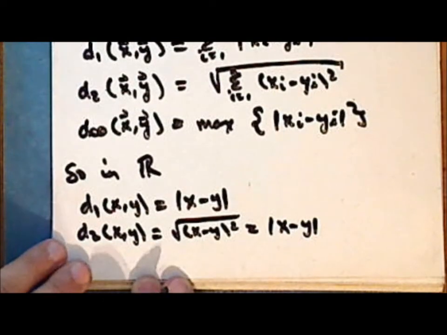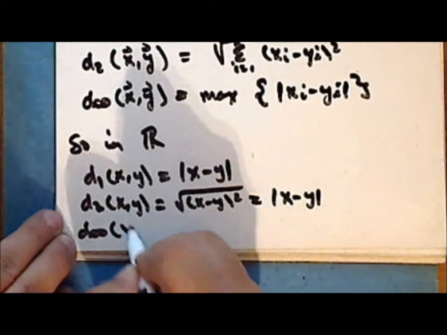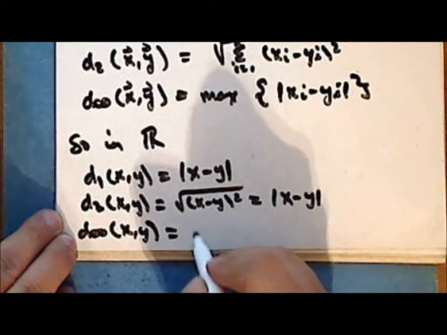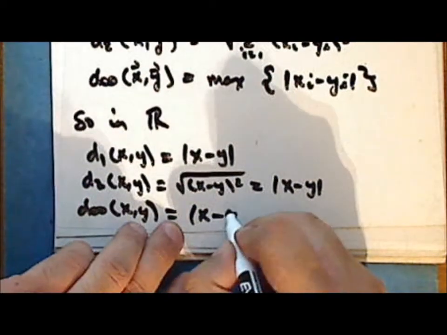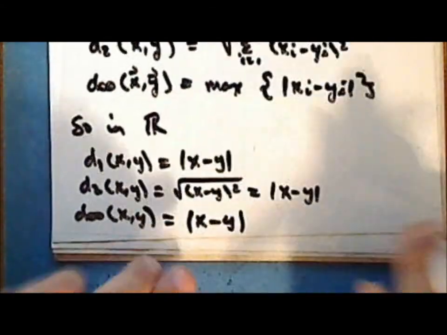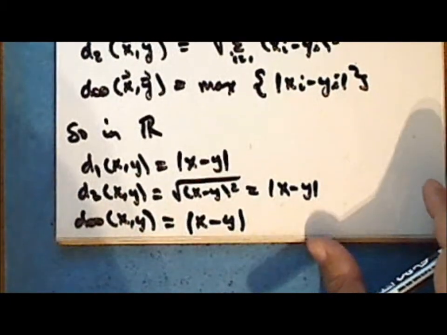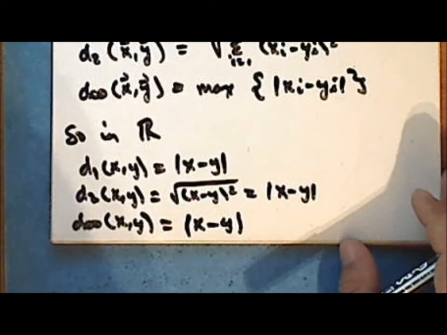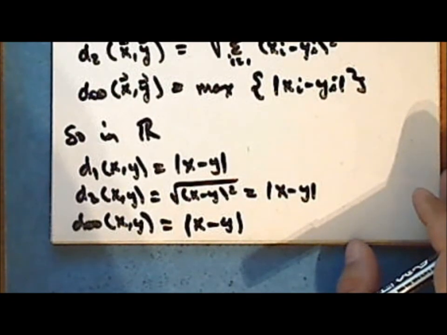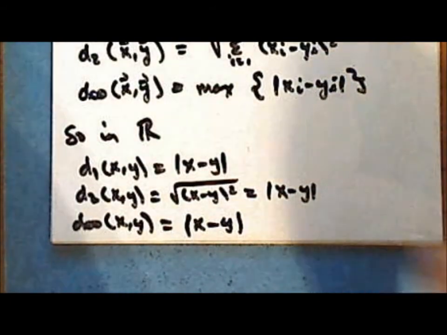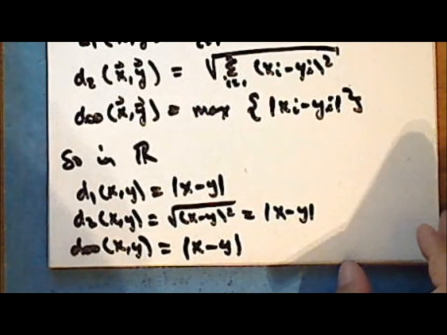So again, we have the standard metric on the real line, and the square metric is also the standard metric on the real line in the case of one dimension. So this suggests that these three metrics are equivalent, and in fact we will prove that these three metrics generate the product topology on finite dimensional real space. And of course in finite dimensional real space this is the same as the box topology.